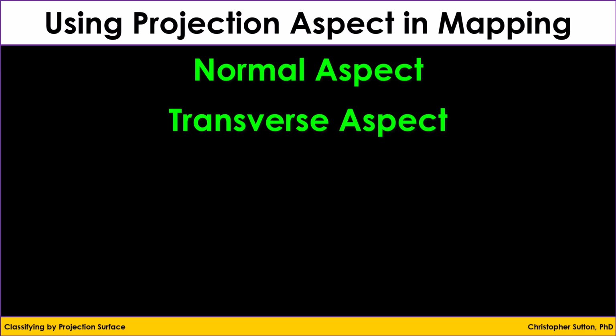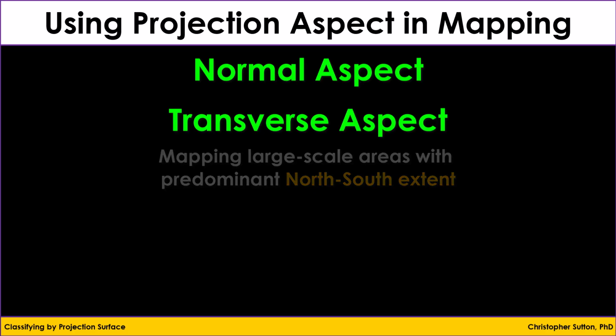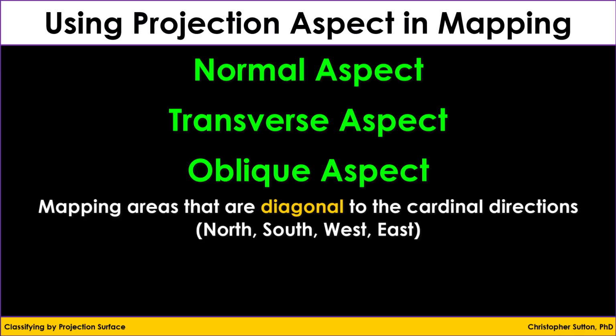Transverse projections are commonly used in large-scale mapping of areas with predominant north-south extent. The transverse Mercator projection is a widely used example. Oblique aspects are typically used for mapping areas that are best represented when the central line of projection is diagonal, such as island chains or features with a northwest to southeast orientation.